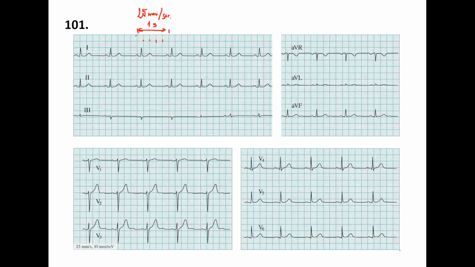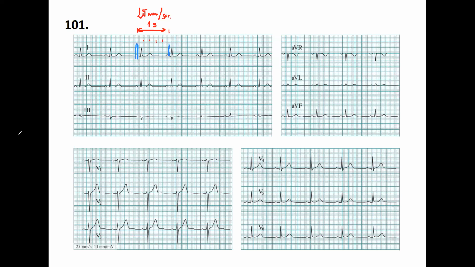If we do have a QRS complex that falls exactly every second, if you do have a QRS complex here and here, for sure it means, because you have to calculate the heart rate in beats per minute, that you do have exactly 60 beats per minute.